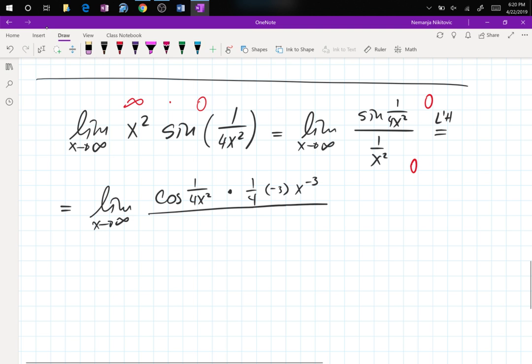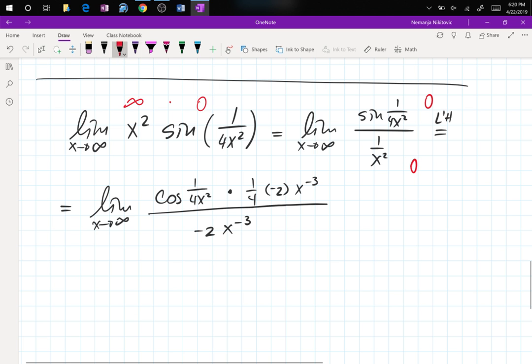No, negative 2 x to the negative 3. And in the denominator you have negative 2 times x to the negative 3. Yes. Great.